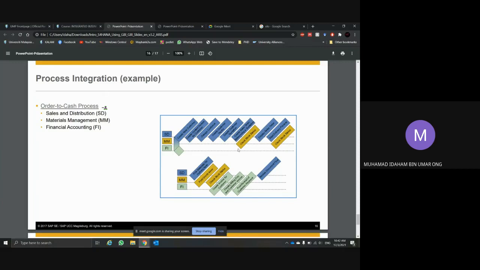This is just one process involving 3 different departments. It started with creating new customer until the customer can receive their receipt of payment. Some of it being done by finance, some of the process is being done by material, and also most of the process is being done by sales and distribution.